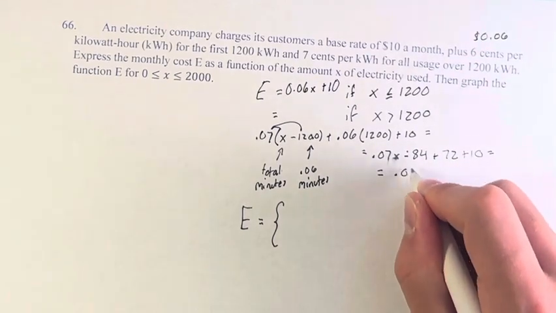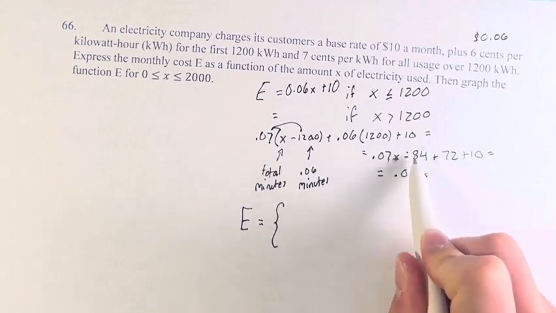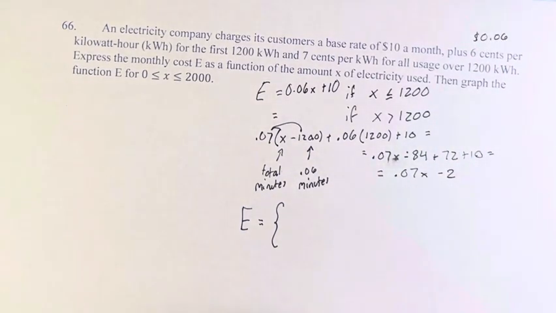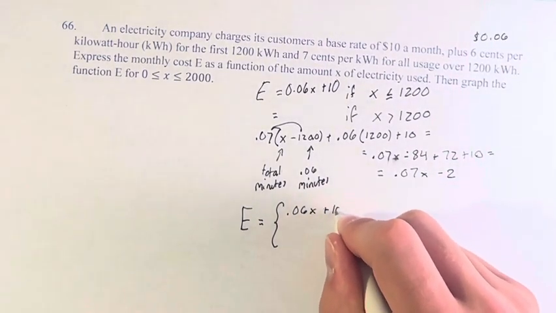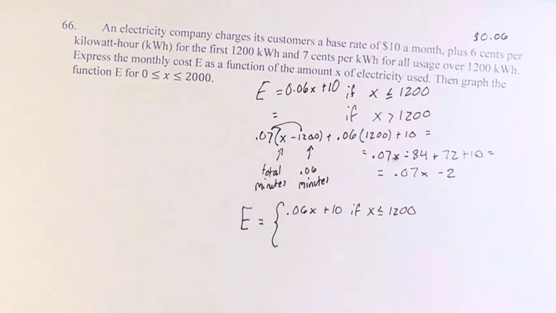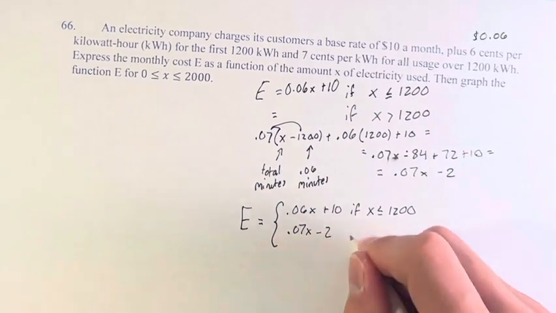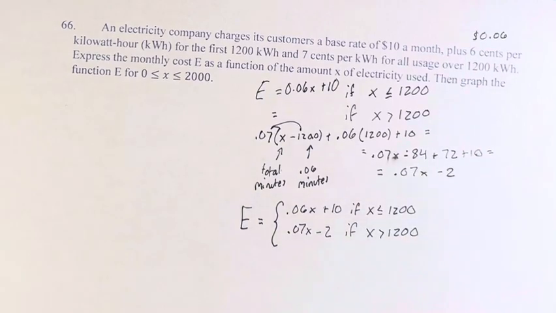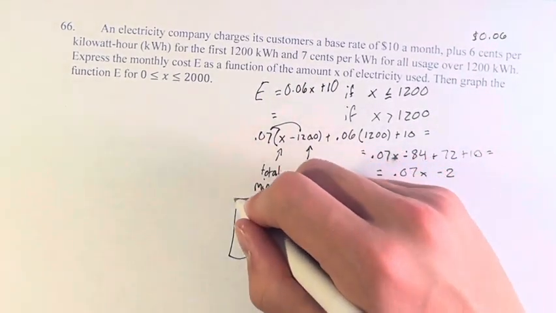Negative 84 plus 72 is negative 12, plus 10 is negative 2. So we have 0.06x plus 10 if X is less than or equal to 1,200, and 0.07x minus 2 if X is greater than 1,200. So this is your function E, and we're asked to graph E.